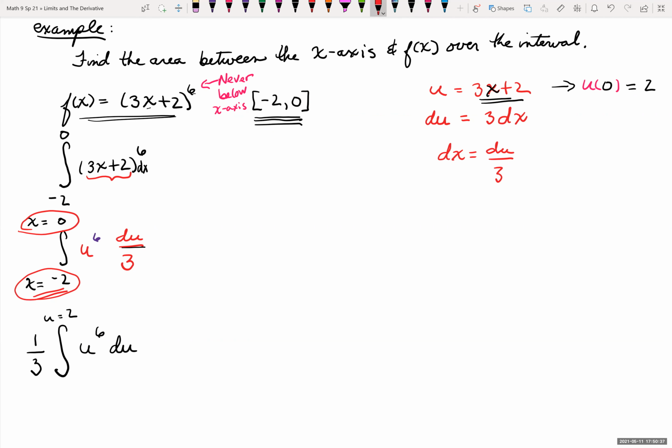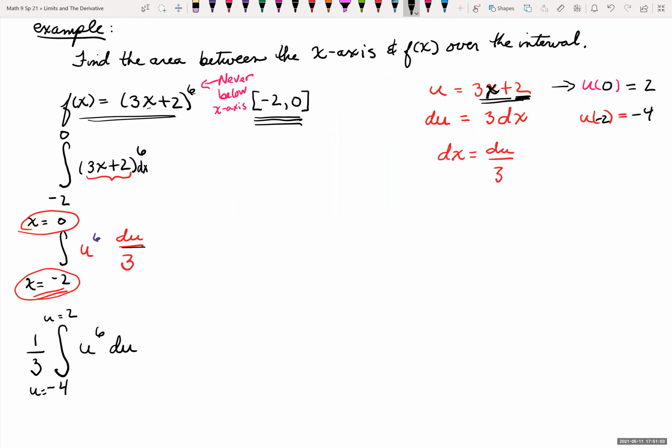So I have 3 times -2 is -6, and then -6 plus 2 is -4. So when x was -2, we get a u value of -4.